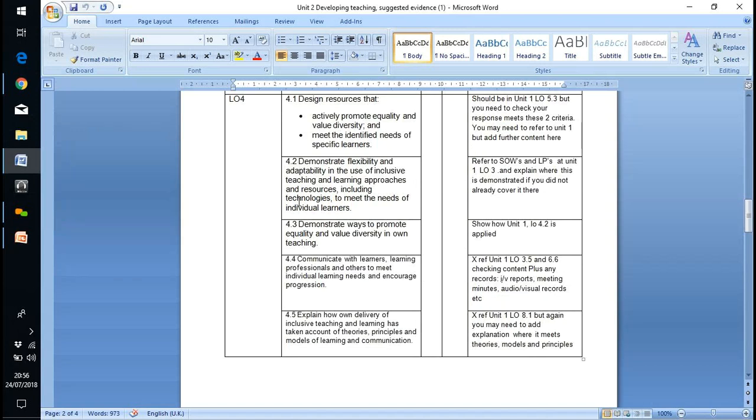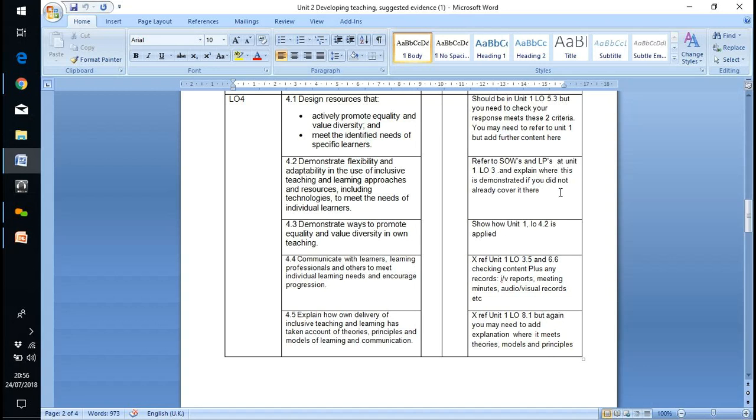Now, it says demonstrate here twice. It's very difficult to demonstrate with an explanation, isn't it? What I haven't put on there, again, you can refer to your schemes of work and lesson plans. Unit 1 LO3 will explain where this is demonstrated if you did not already cover it here.